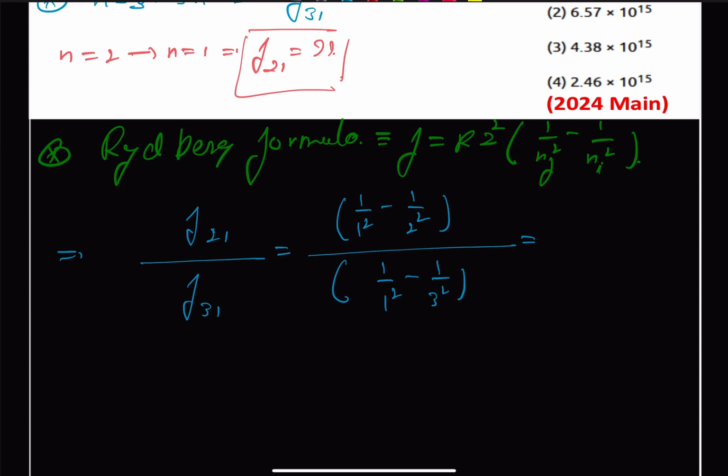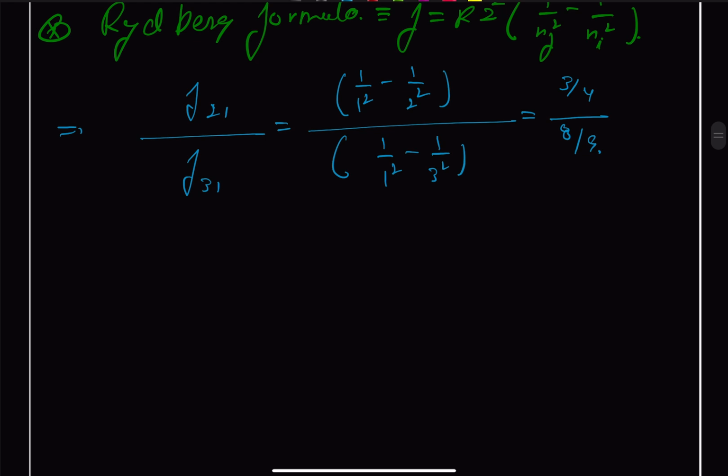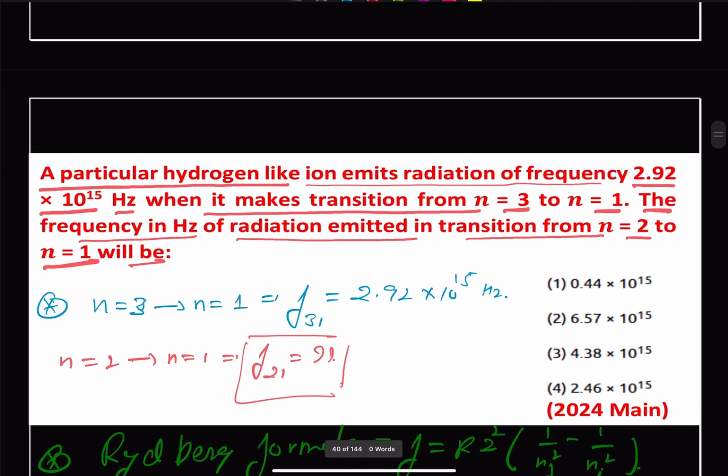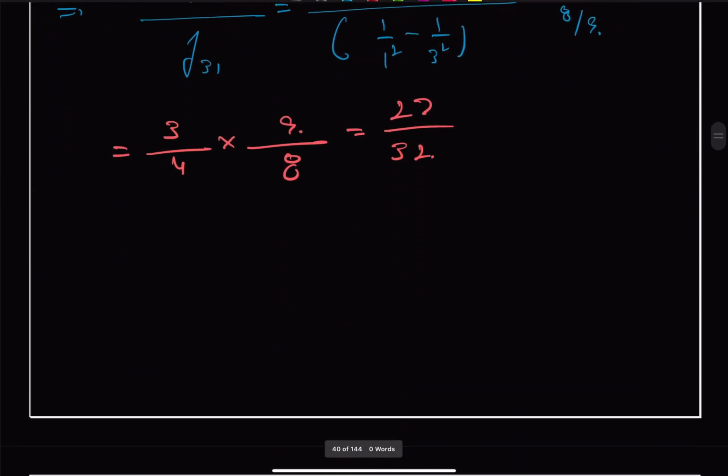And this comes as numerator 3 by 4 and denominator 8 by 9. This can be written as 3 by 4 multiplied by 9 by 8, which gives us 27 upon 32, and we are supposed to find out f21.